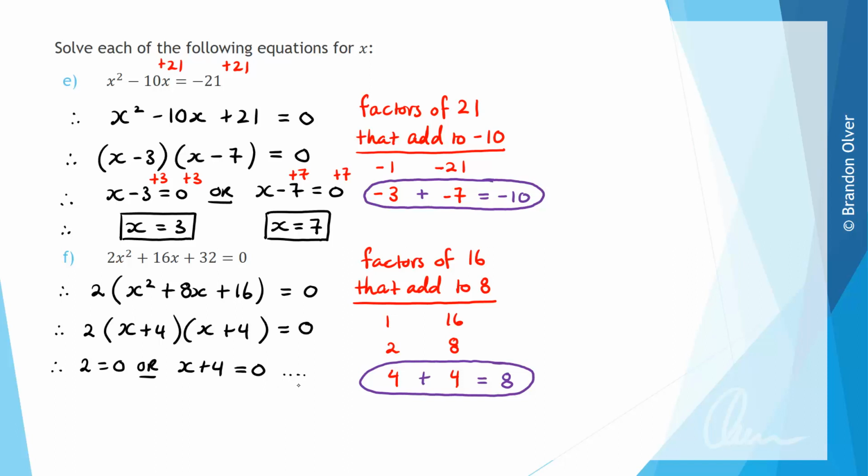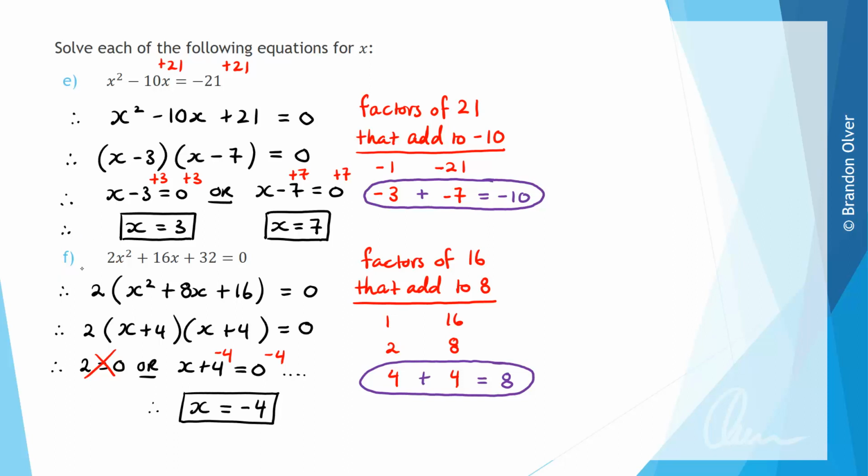It just means it's a repeated factor. So the idea that 2 equals 0 is absolute nonsense, so that's not going to be anything to do with our answer. So we just need to look at this x plus 4 could equal 0 statement. And to solve that, we'd subtract 4 from both sides of that equation, and that would give us our only solution that x is equal to negative 4 for this equation.